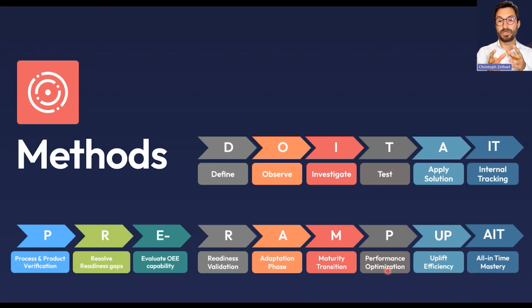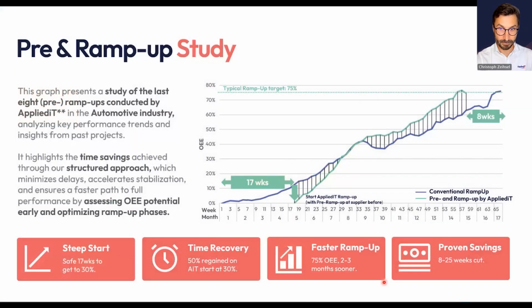But the beauty of this method is that it can start anytime. Depending on where we are on our OEE improvement ladder, we can start at any step and have the right tools and method to just progress from our defined starting point.